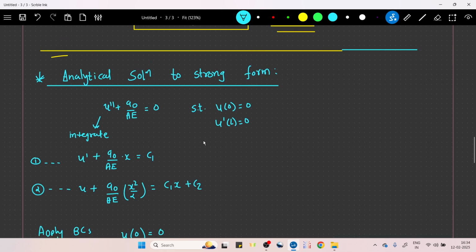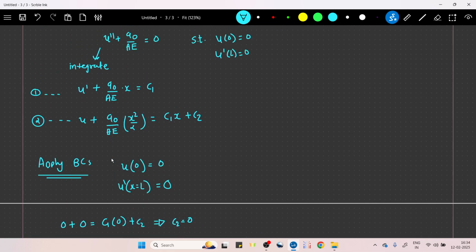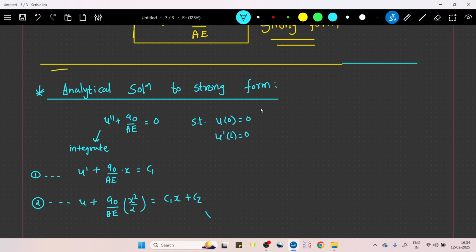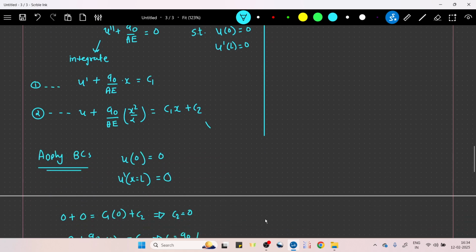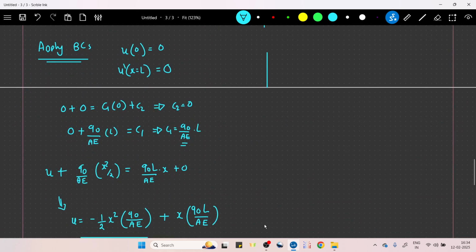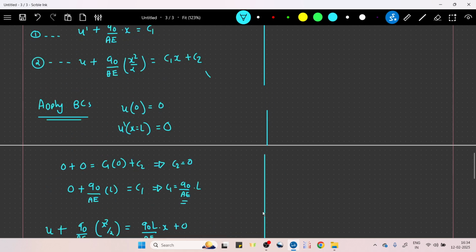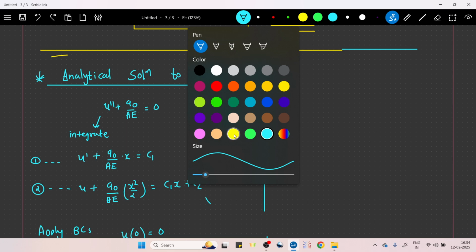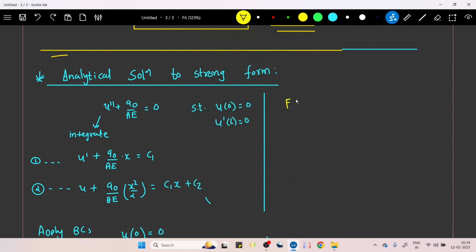For plotting purposes, we'll say q0 equal to 1, a unit load.